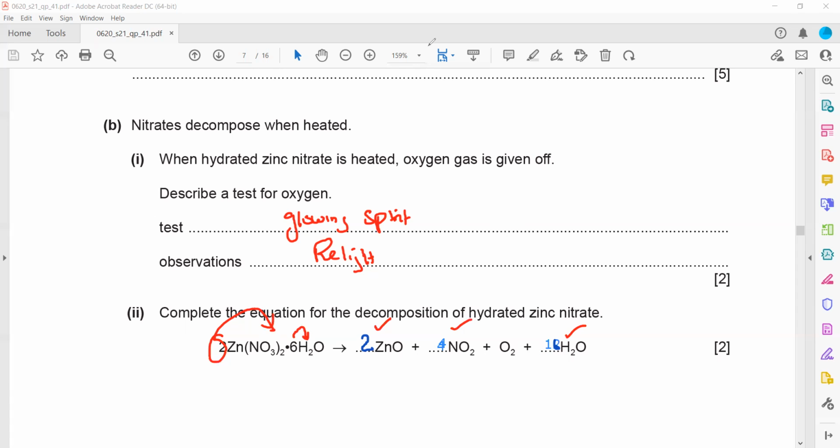See, how do we identify the total number of hydrogens? This 2 is with both zinc nitrate and water. So already 6 multiplied by 2 is 12, and this 12 is multiplied by 2. So 12 multiplied by 2 is 24. Basically we need 24 hydrogen. That's why we put 12 into 2, which will make 24.